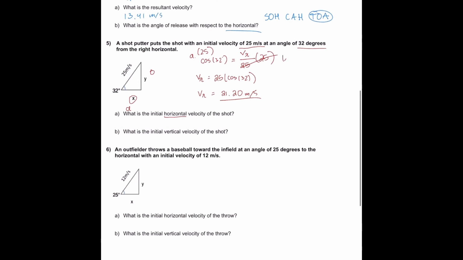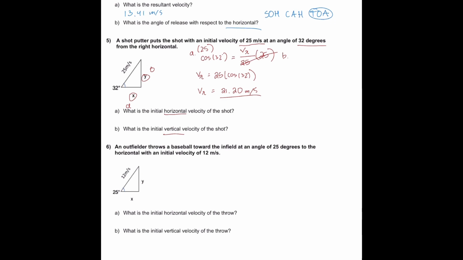We do the exact same process for part B, but now we are looking for vertical velocity, so it would be y. We go based off where the angle is.